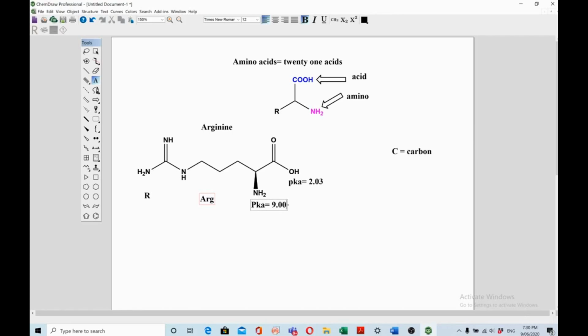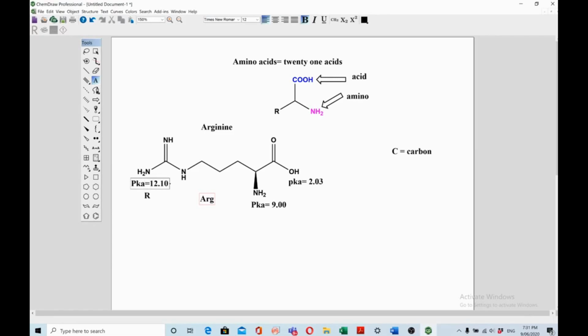If you don't know, pKa is the acid dissociation constant. It gives you an idea about how strong or weak the acid, or the group, is. So the higher the pKa value, the lower the acidity.